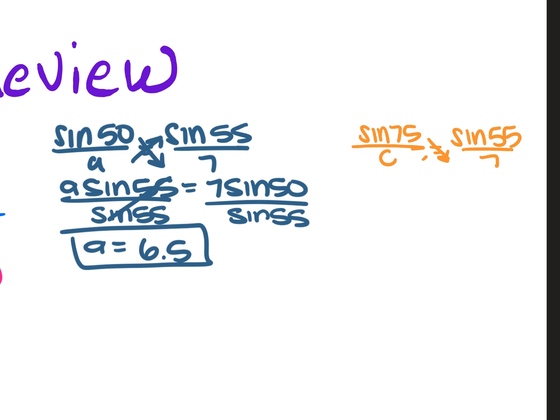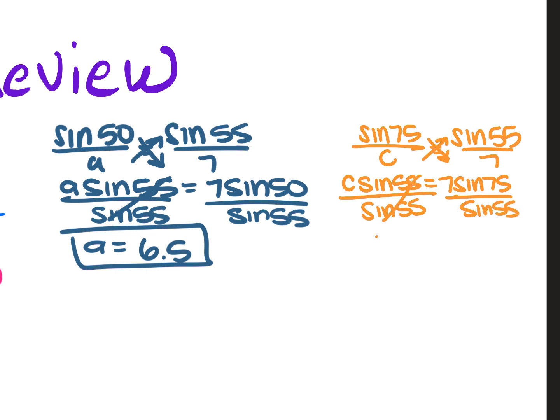So we cross multiply. That's C times the sine of 55 is equal to 7 sine 75. Divide each side by the sine of 55. Use your calculator. So 7 sine 75 over the sine of 55 is 8.3.